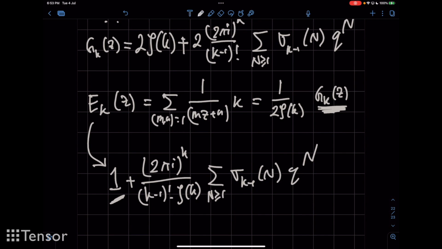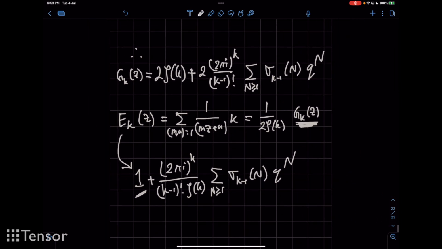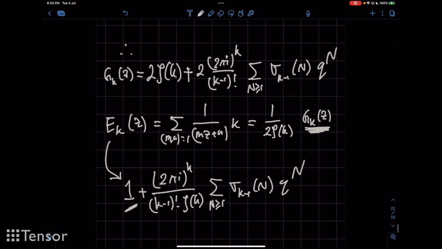And the first coefficient is really significant, because what does it indicate? It indicates the limit of the modular form as the imaginary part goes to infinity. So if that is 1, then we call the Eisenstein series normalized. Otherwise, it's the plain unnormalized Eisenstein series.